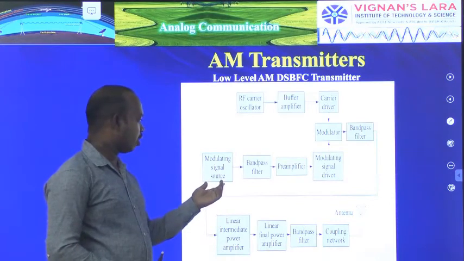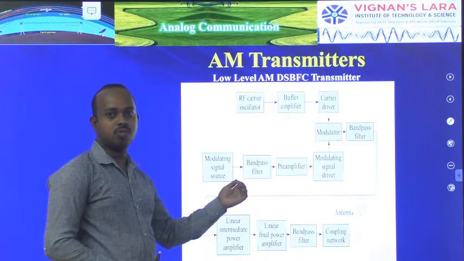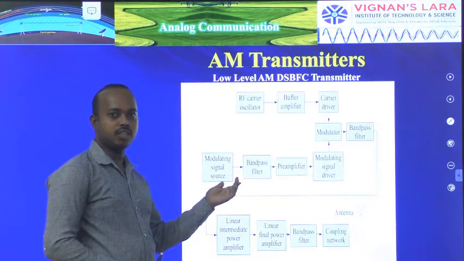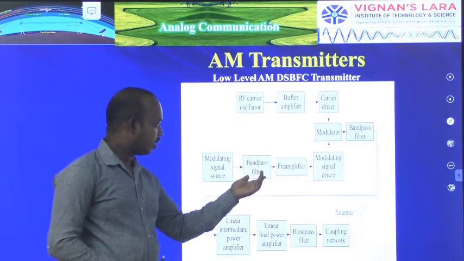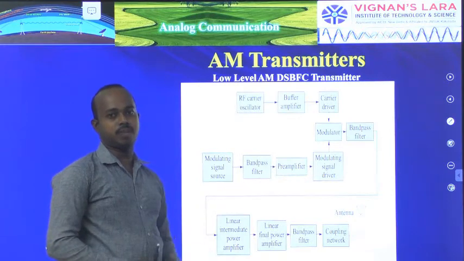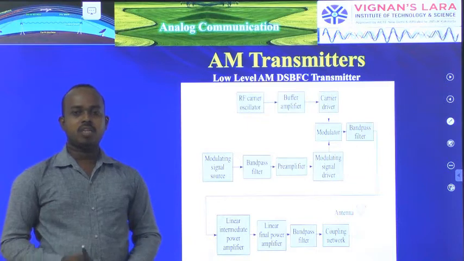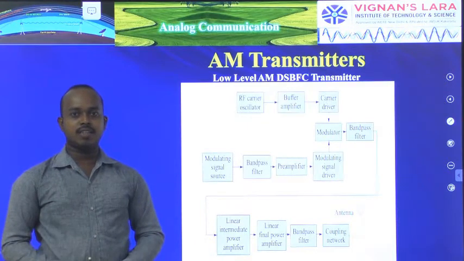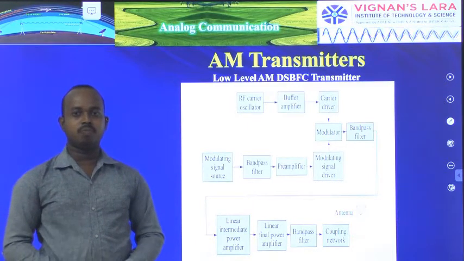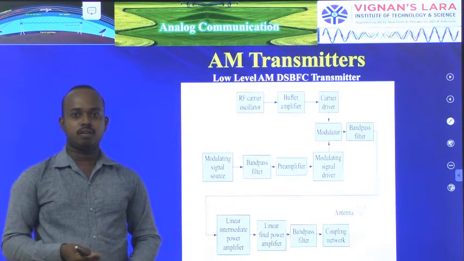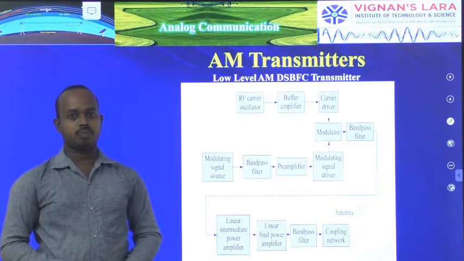The modulating signal is assigned to a band pass filter. The band pass filter limits the modulating source, and it is then passed to the pre-amplifier. If the level of the modulating signal is below its threshold, the pre-amplifier boosts it to the threshold value.